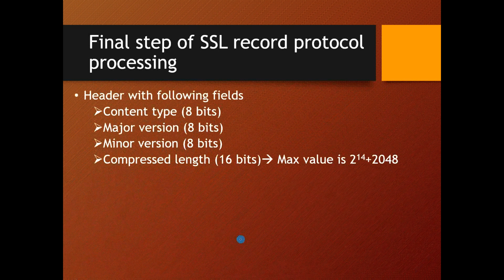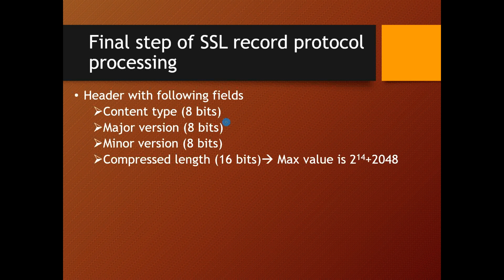Here this header mainly will have 4 fields. First, you have a content type, which is of 8 bits. This content type is a higher layer protocol which is used to process the enclosed fragment. Next is the major version.